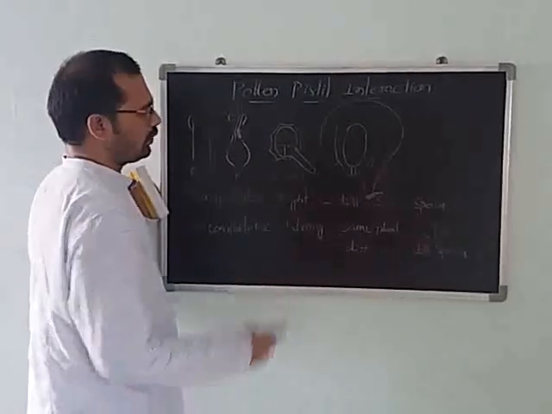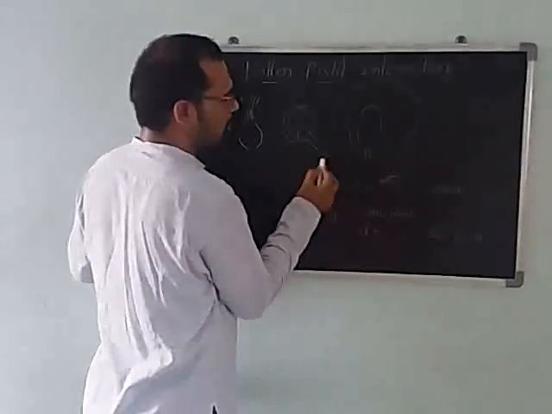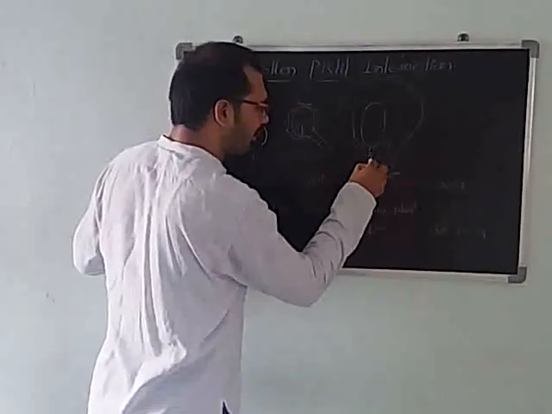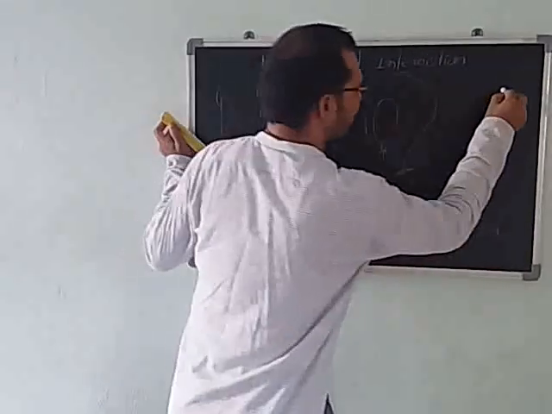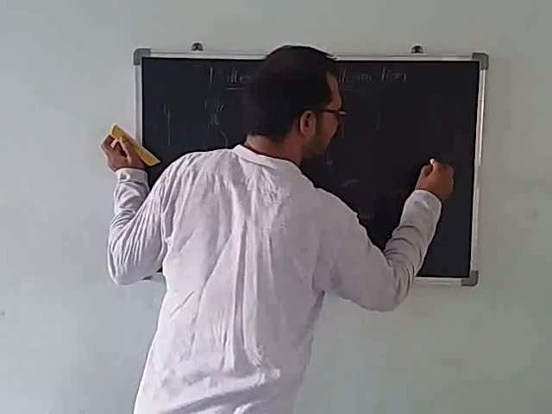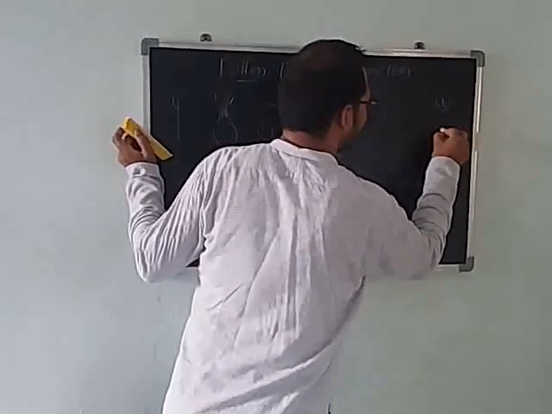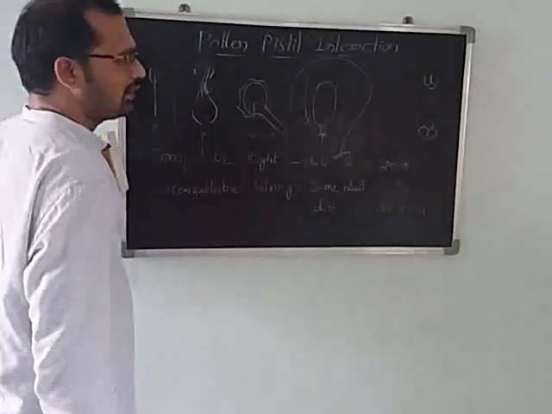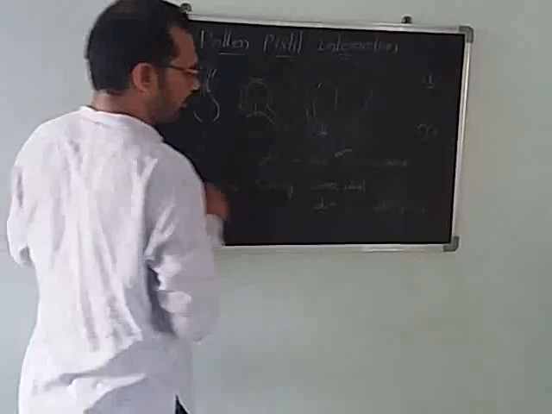In this ovule, the pollen tube grows. The pollen tube mostly enters the micropylar region to reach the embryo sac. This is called the embryo sac. How many cells does it have? It is a 7-celled, 8-nucleated condition. This is called the matured embryo sac, and it is present in the ovule.